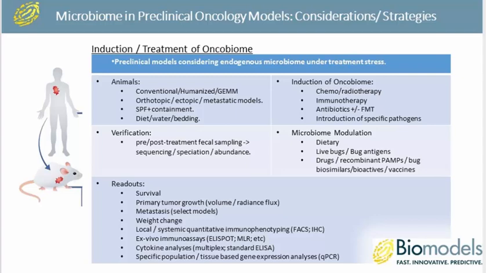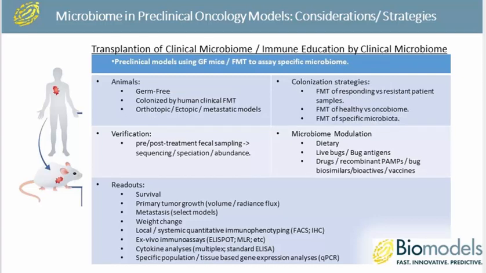So we can induce an oncobiome in a tumor context via chemo, radiotherapy, or immunotherapy, or antibiotics, or introduction to specific pathogens, and then run our tumor models and/or microbiome readouts to assess these important clinical endpoints.